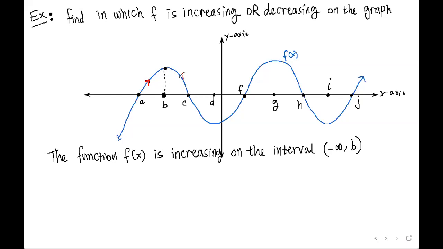Then the function goes down up to this point, and this point is D. So the function is increasing on the interval from minus infinity to B, then increasing again from this point D to G.